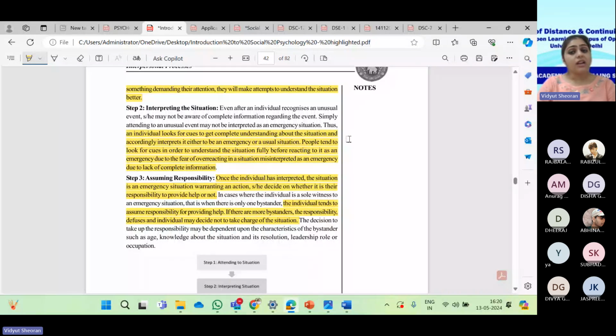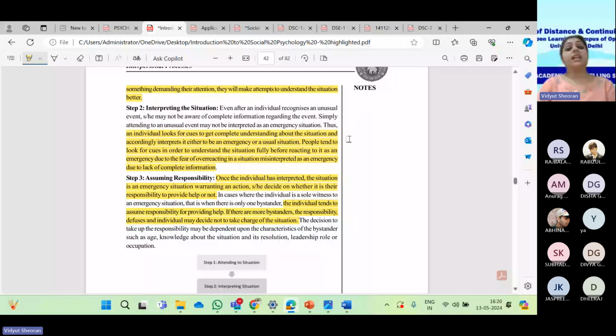They don't want to be tagged with anything later. So we have to see who is ready to take the responsibility in that emergency. So once the individual has interpreted the situation as an emergency warranting an action, he or she decides on whether it is their responsibility to provide help or not.